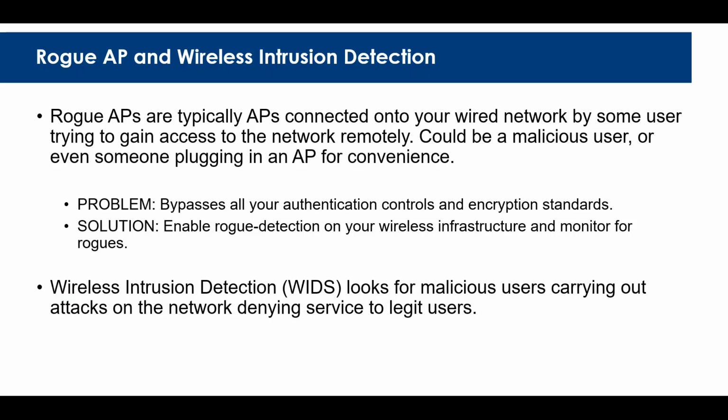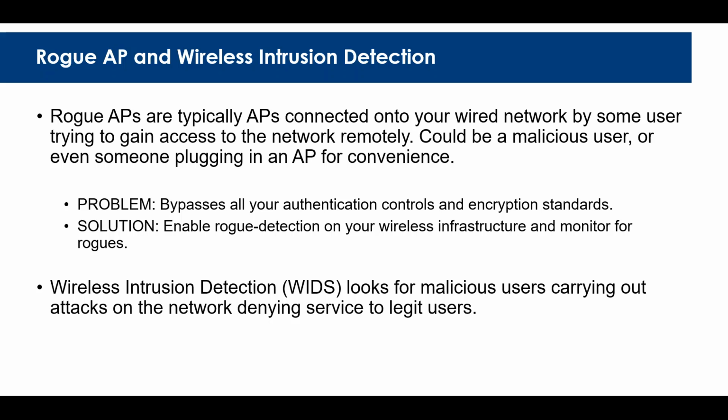Next, let's talk about rogue AP and wireless intrusion detection. As the name suggests, rogue APs are rogue in the network, which means they are not legitimate access points. Rogue APs may be connected by a malicious user to extend your wired network wirelessly so that he can sit remotely and get connected to the wireless. Through wireless, he can reach your wired network.